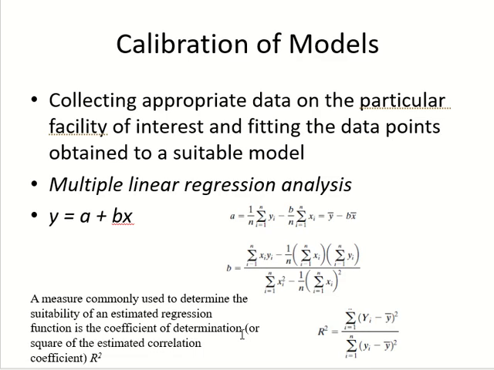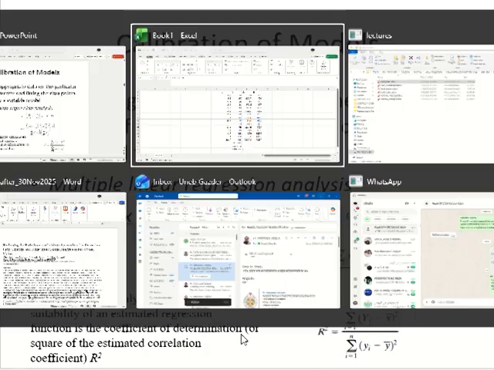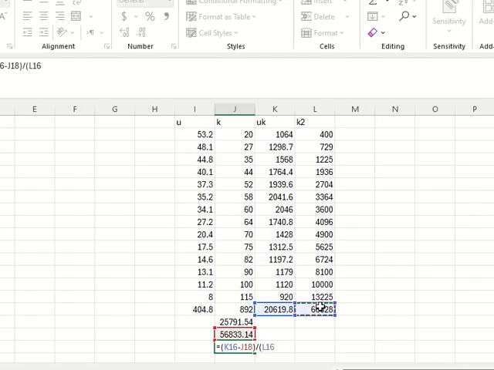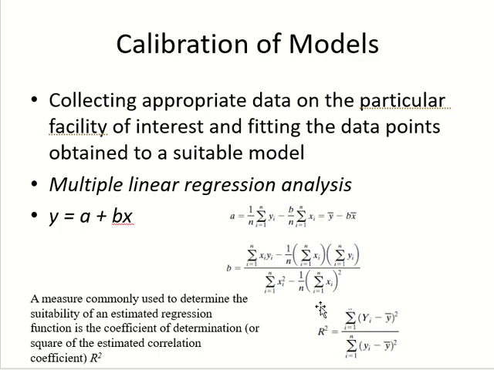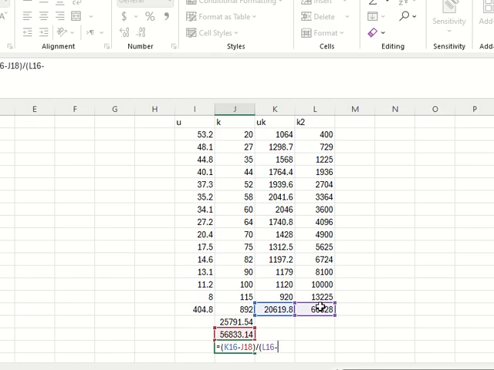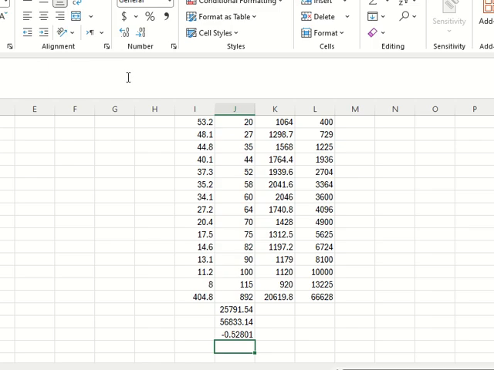Then I need the summation of x square, which is this one, minus sum square divided by n, which is this one, and this one is... yeah, okay.